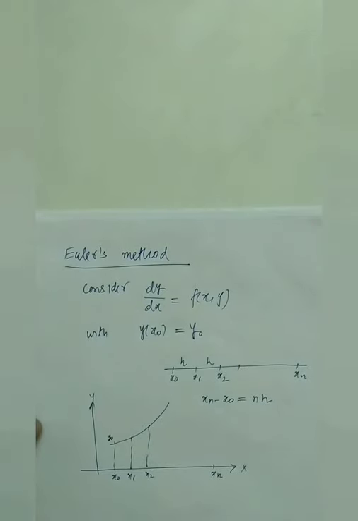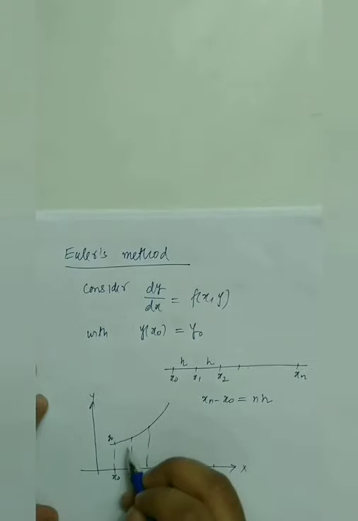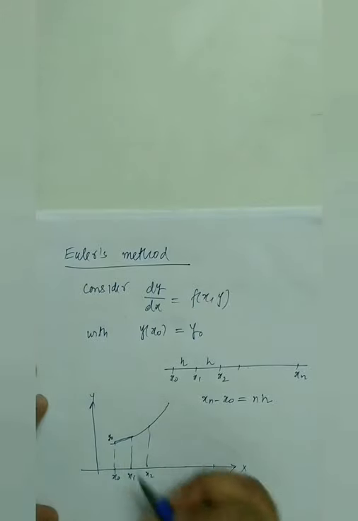The value of y at x0 is y0. So in Euler's method, we first consider the subinterval x0 to x1. In this interval, we may use the fact that when the interval is very small, the curve is approximately a straight line.